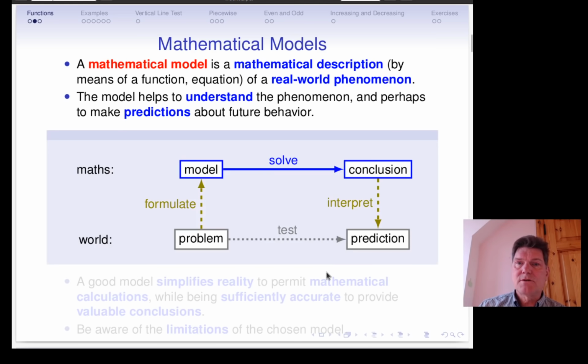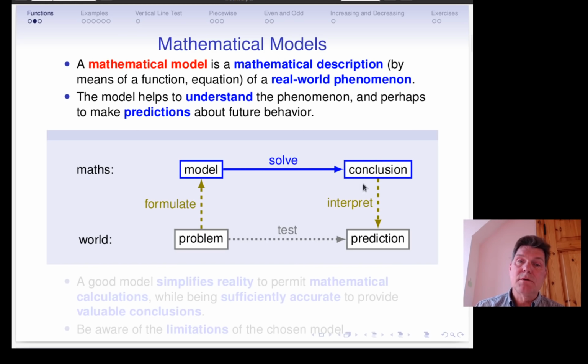Here's a little sketch of how things relate. Down here we have the real world, and up here we have the maths level. In the real world, there's a problem to be considered by a scientist. The scientist formulates a mathematical model of the problem in the form of an equation or function. Then they apply the calculus to solve the problem in calculus terms and come to a mathematical conclusion.